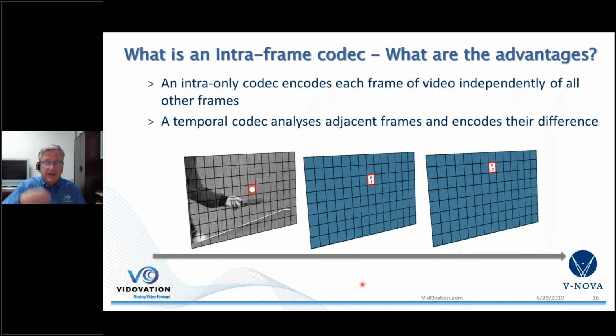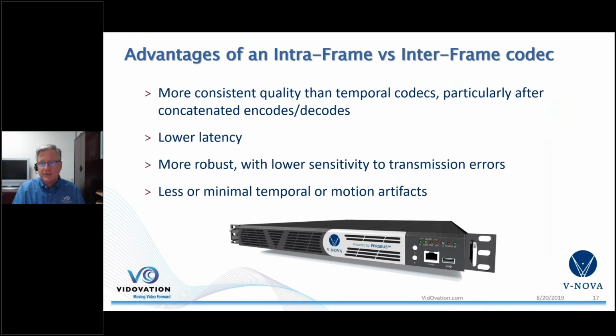Not every production can afford the managed network to use a transport like Perseus or P.Link. So again, VidOvation helps our customers navigate some of these decisions of what type of technology to use.